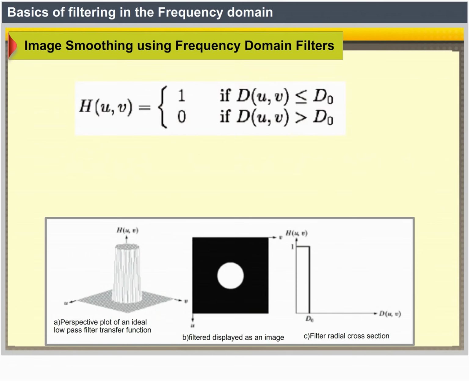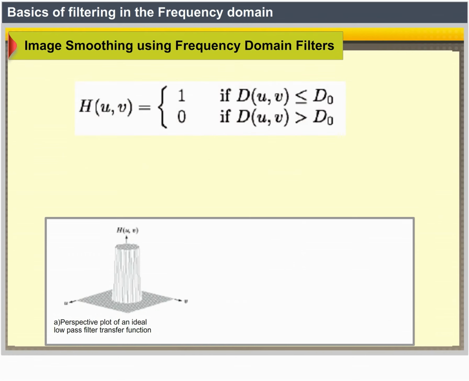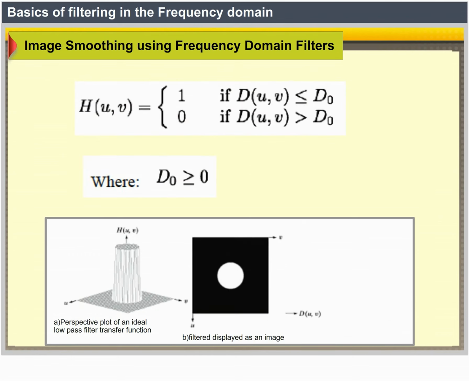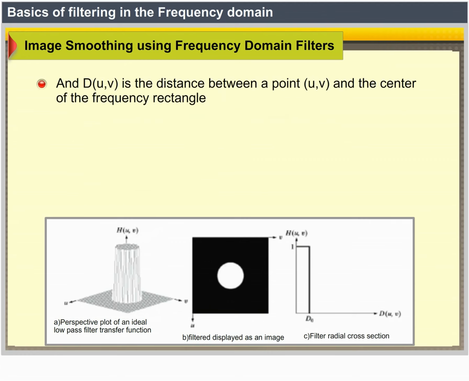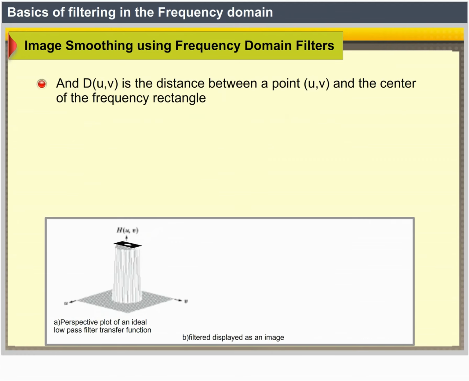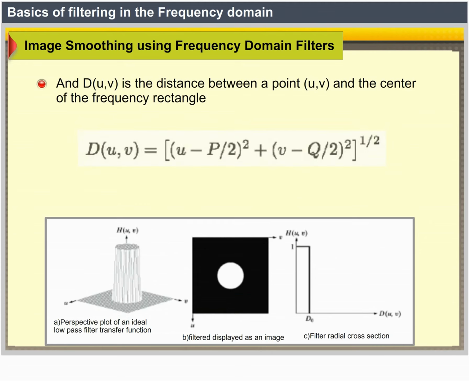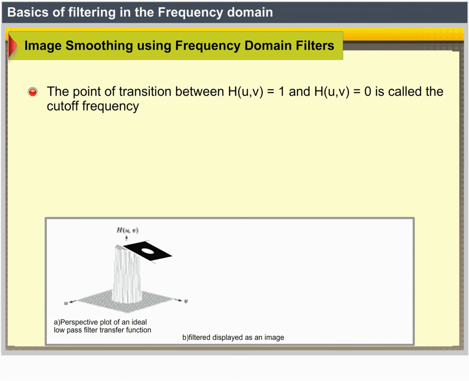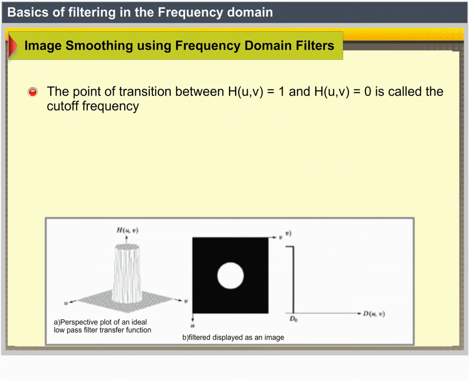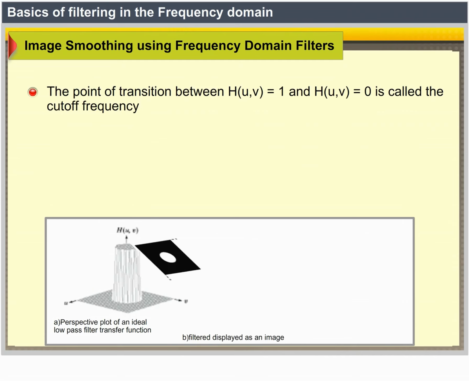The equation is as shown on screen, where D0 is greater than or equal to 0 and D of u, v is the distance between a point u, v and the center of the frequency rectangle, as shown. The point of transition between H of u, v equals 1 and H of u, v equals 0 is called the cutoff frequency.